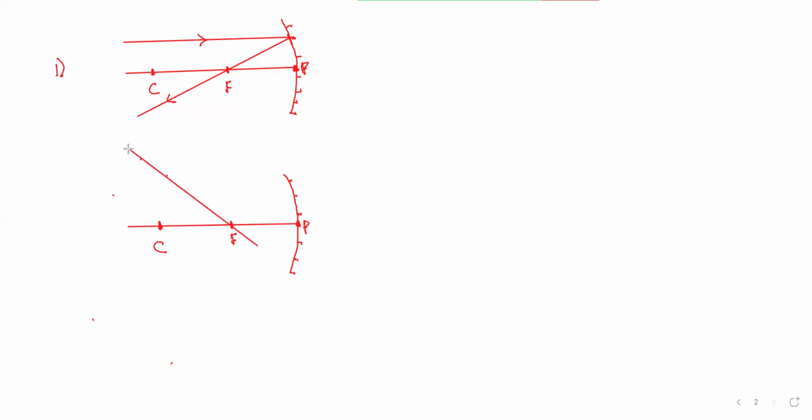If the ray is passing through the principal focus, then after reflection, the reflected ray must be parallel to the principal axis. So arrow to indicate incident, arrow to indicate reflection. This is the second rule of the game.